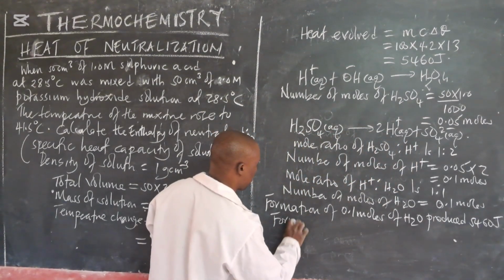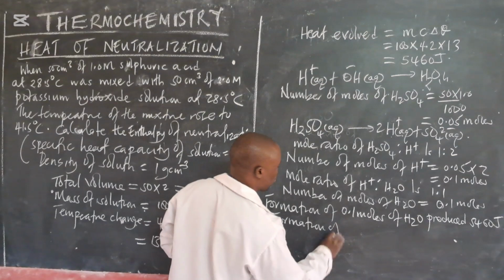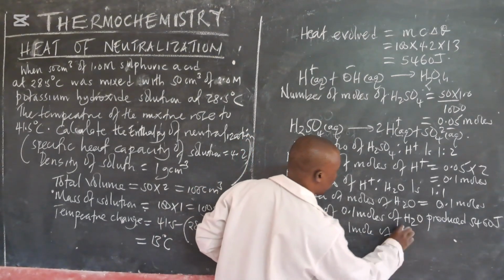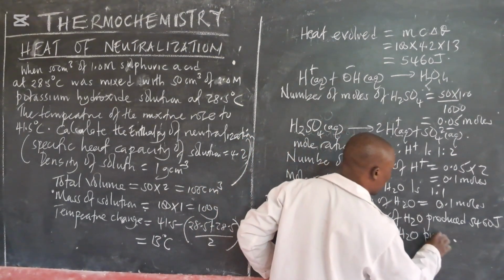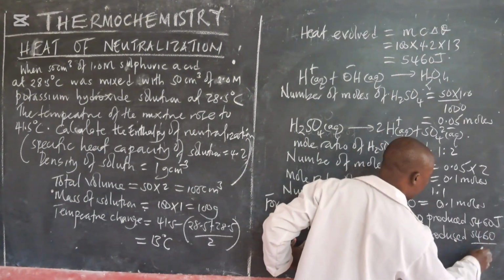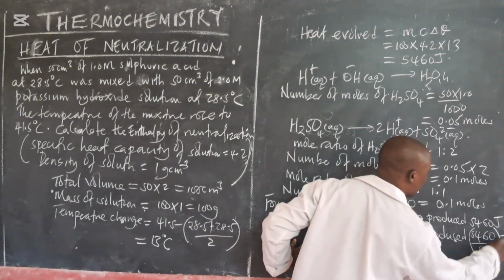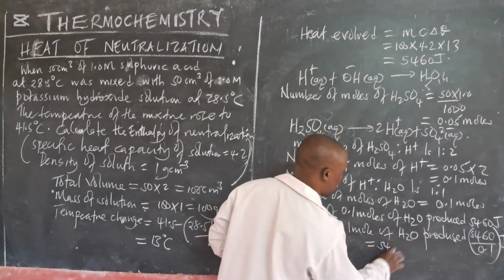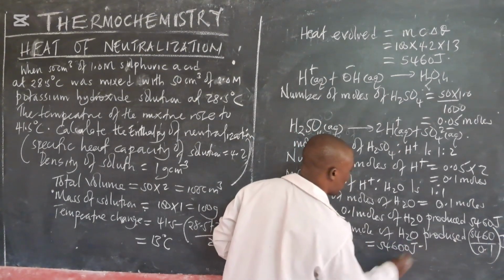Formation of 1 mole of water produced this out of 0.1. That gives us 54600.